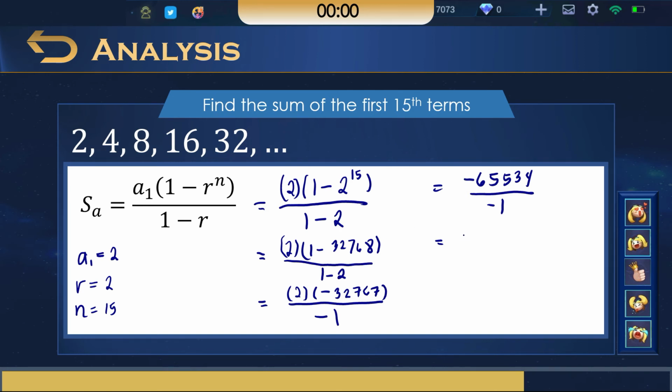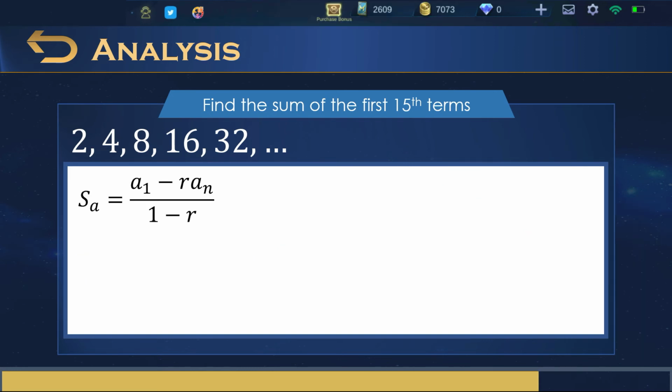So the answer will be positive 65,534 as the sum of the first 15 terms of the given sequence 2, 4, 8, 16, 32, and so on. Now let us try to use the other formula, wherein we are also looking for a sub n, or the last number. I'll give you 1 minute to finish it.